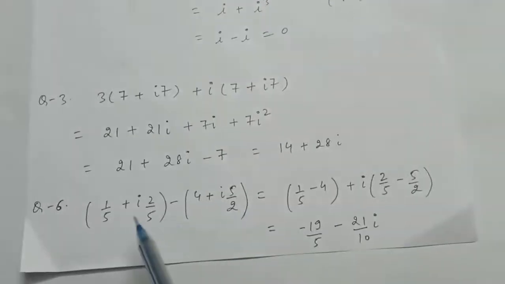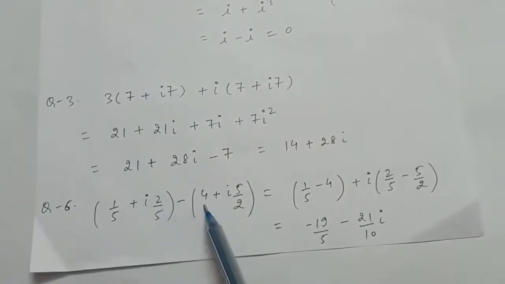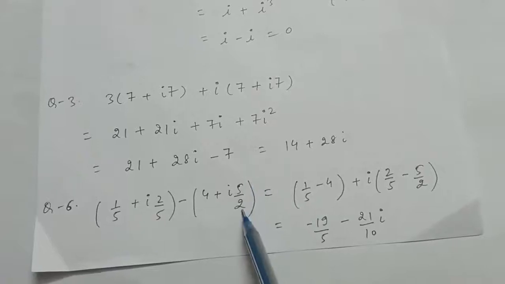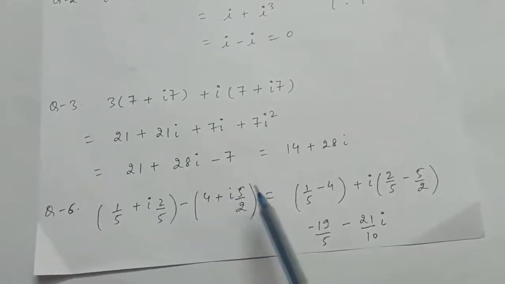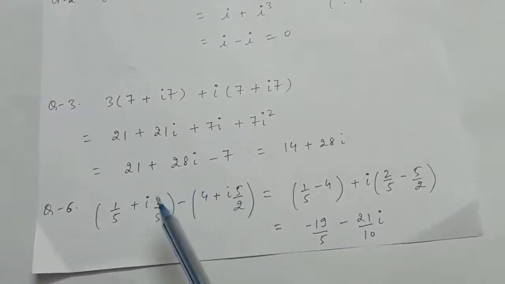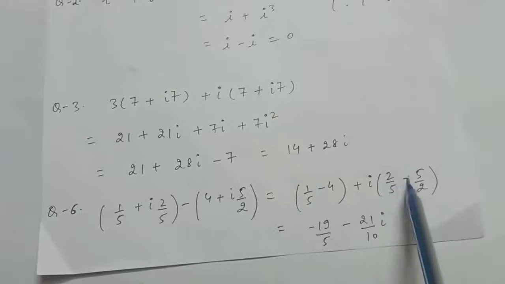Now question number 6 is (1 by 5 plus iota 2 by 5) minus (4 plus iota 5 by 2). So you have to find out the difference of these two complex numbers. So subtract the real part and plus iota subtract the imaginary part.